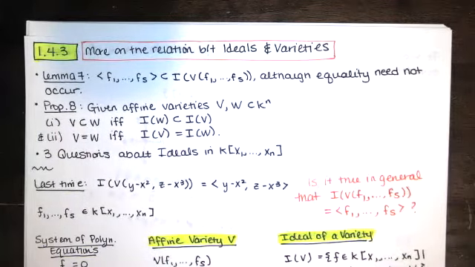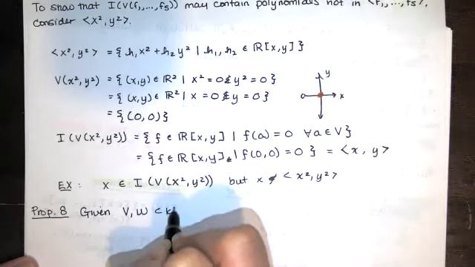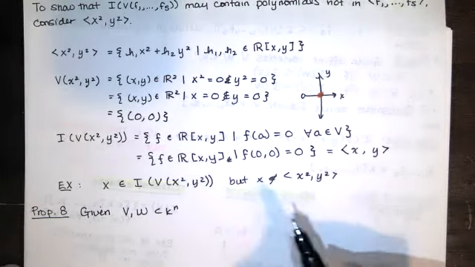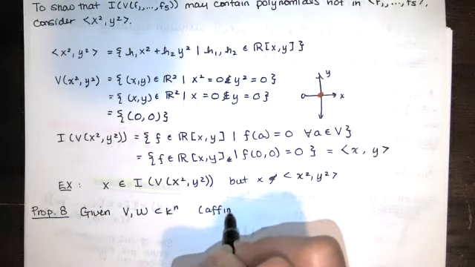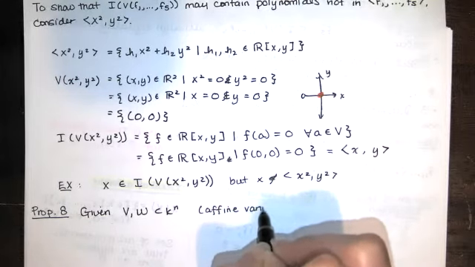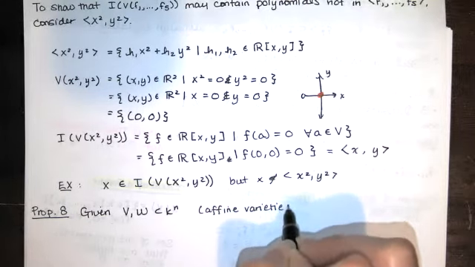So let's prove proposition 8 now. So we have affine varieties, V and W, in n-dimensional affine space.